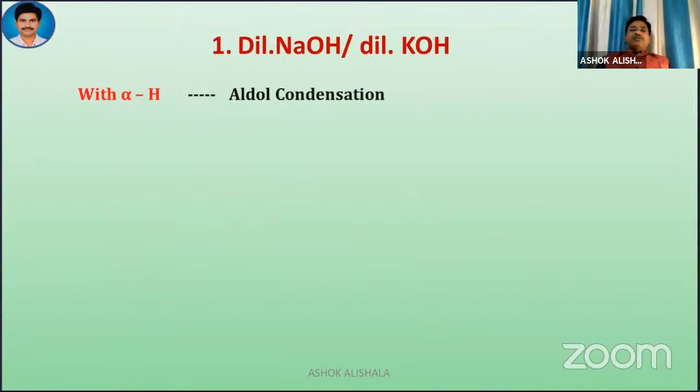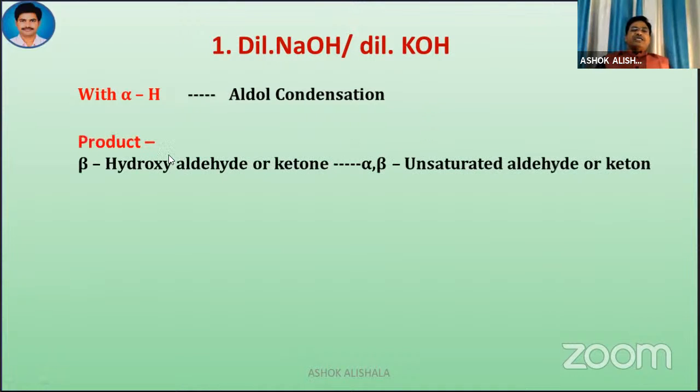Now, what happens when an aldehyde or ketone which contains alpha hydrogen is treated with dilute NaOH or KOH? This undergoes aldol condensation. What is this aldol condensation? The product in the aldol condensation is a beta hydroxy aldehyde or ketone, and this undergoes a loss of water, and the final product will be an alpha beta unsaturated aldehyde or ketone.